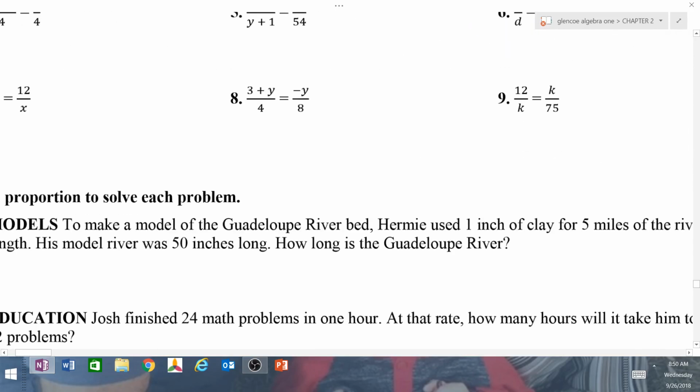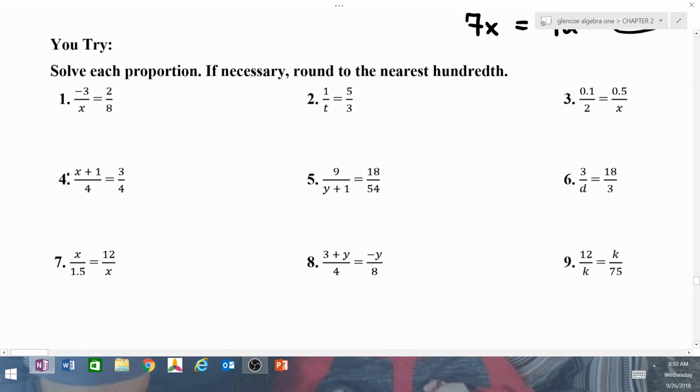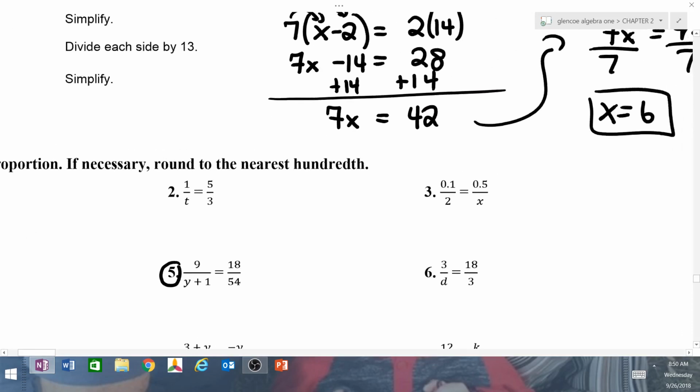Okay, I'm just going to tell you that I am really big on word problems, so I want you to know that. I want you guys to do number 4 and number 5. Don't forget parentheses.